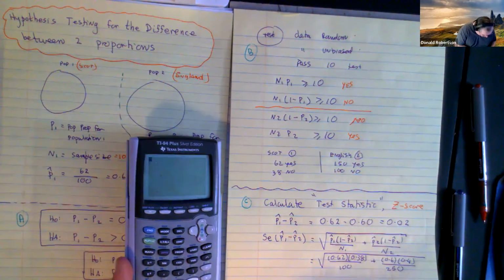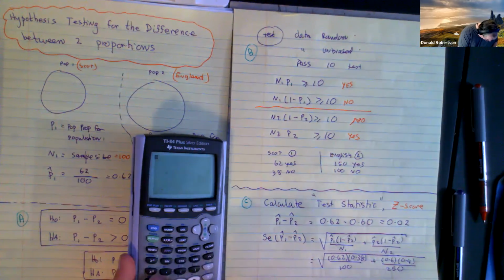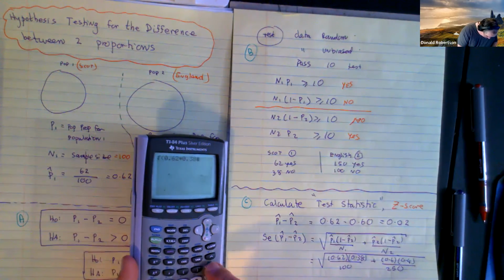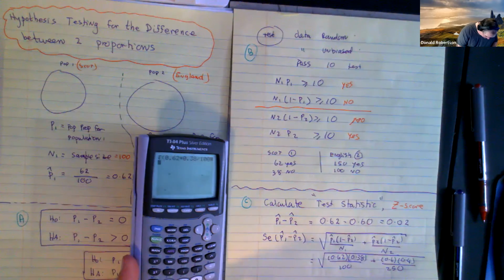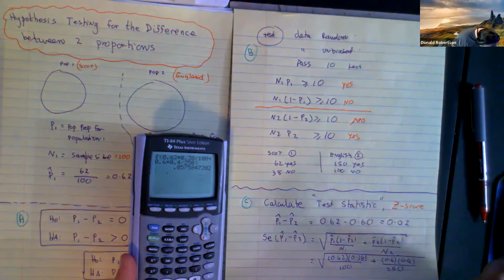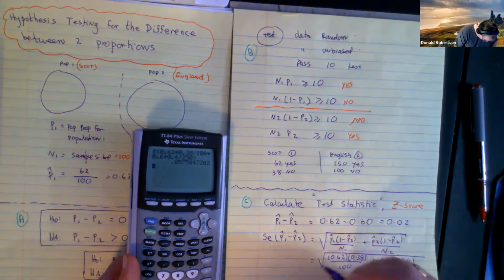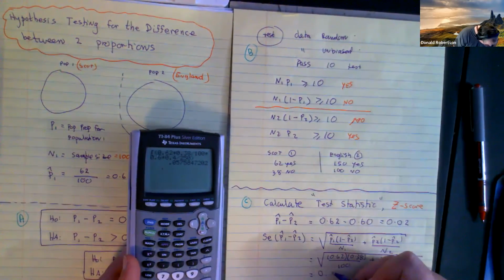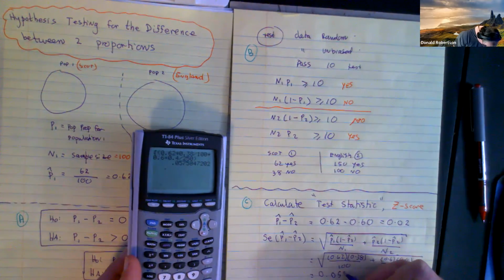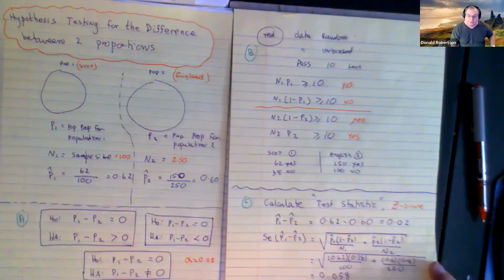That's the only one you need to worry about. So let's put that together. Square root 0.62 times 0.38 divided by 100 plus 0.6 times 0.4 divided by 250. And the answer I get is 0.058, round it off to 3 decimal places.